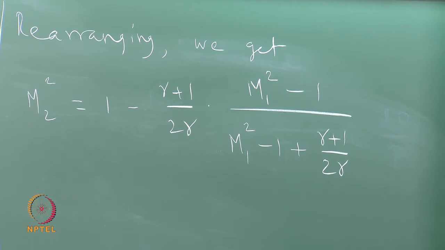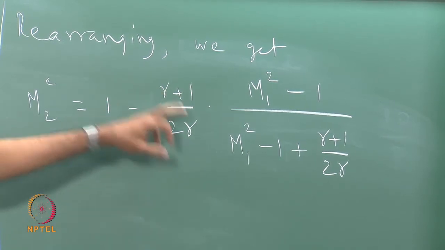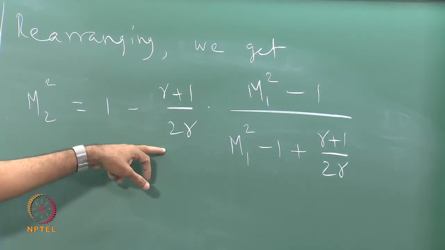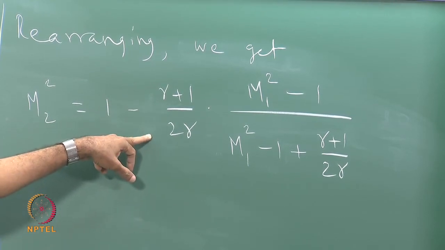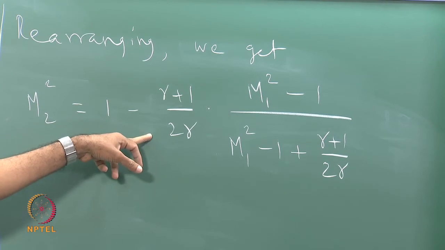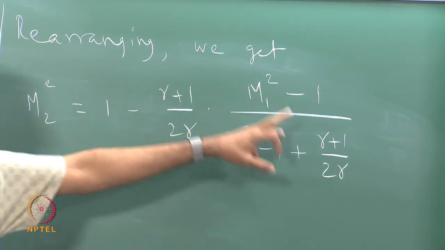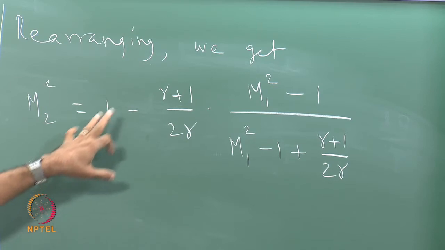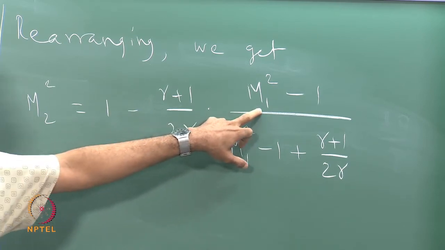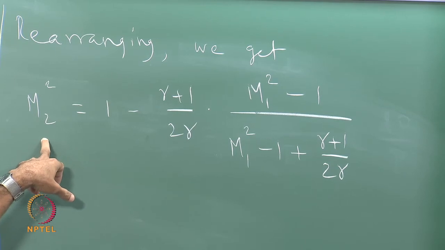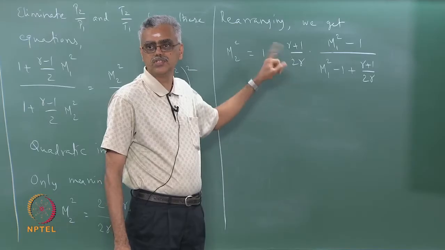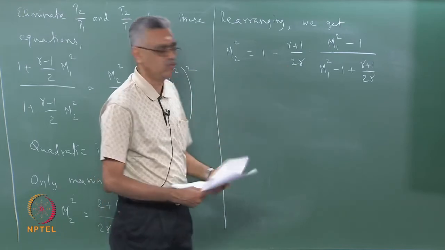Notice that gamma plus 1 over 2 gamma is going to be less than 1. So from this expression I can see that if M1 is greater than 1, then M2 is going to be less than 1, and vice versa. If M1 is less than 1, then M2 is greater than 1.